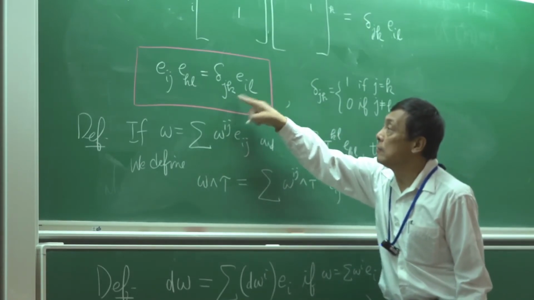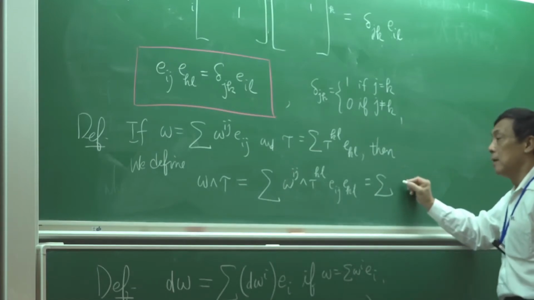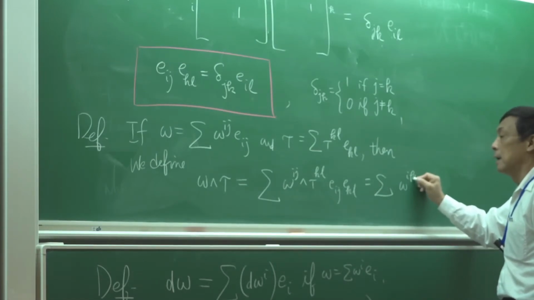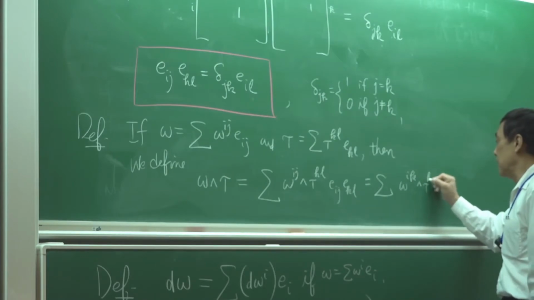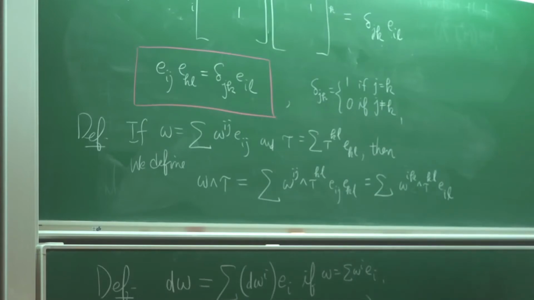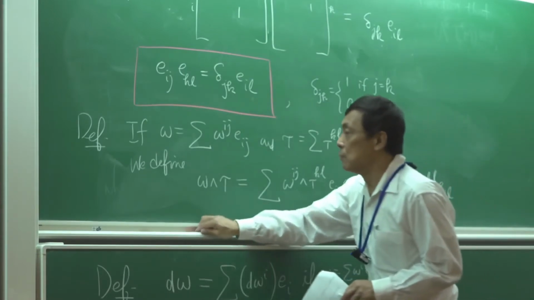It's non-zero only if j equals k. So this will be omega_ik wedge tau_kl E_il. That's the definition of the wedge product.